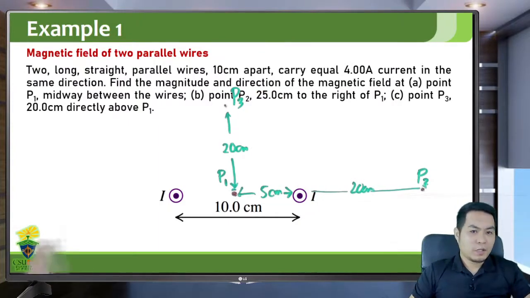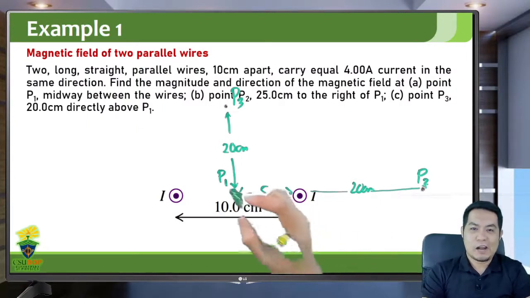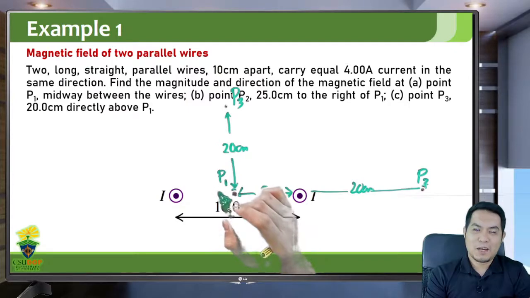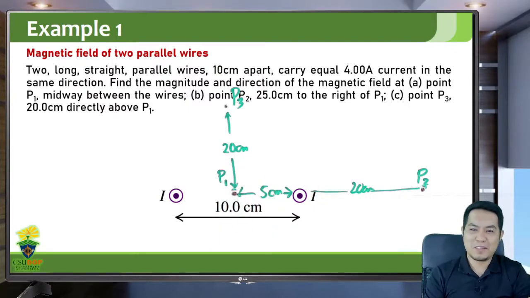So let's first start with P1. Before we start, let's name our wires first so that we will not be confused. I'm not going to call them 1 and 2 because we have 1 and 2 subscripts, and I'm not going to call them A and B because B is also our symbol for magnetic field.